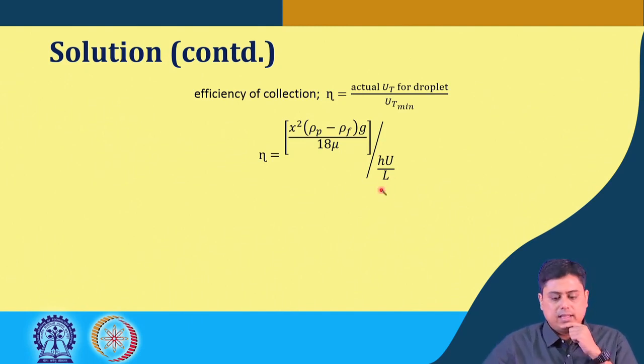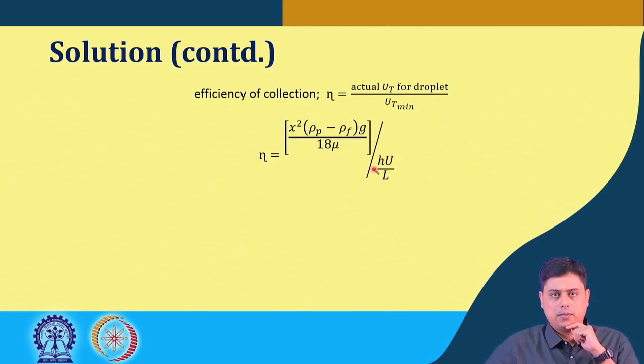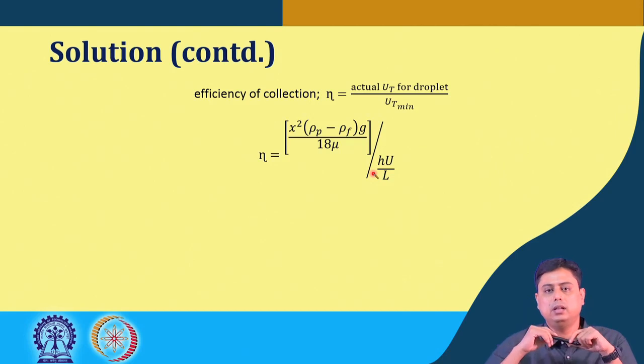So, the collection efficiency is now expressed in terms of the particle diameter, particle density, the fluid density, and fluid viscosity, which means the fluid property, as well as H, which is the separator geometry. This H depends on the separator design, along with the fluid flow rate, assuming a uniform flow rate, and L is the separator length.